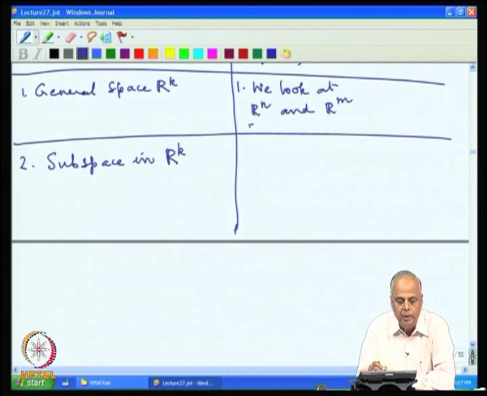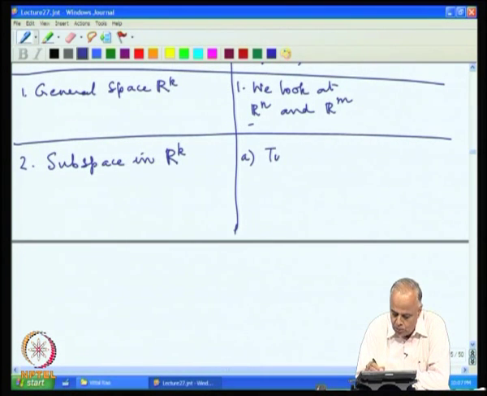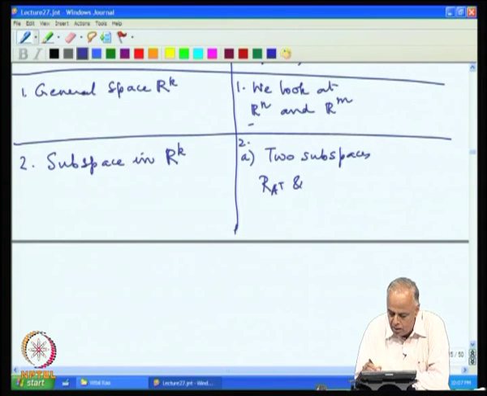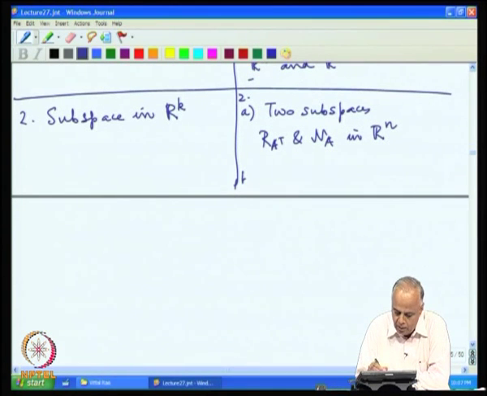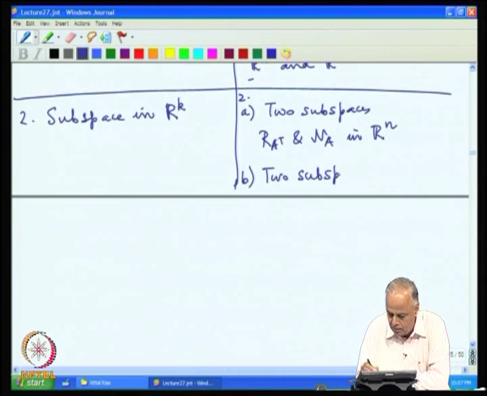We had two subspaces in R^n, the range of A transpose and the null space of A, and two subspaces in R^m, the range of A and the null space of A transpose.